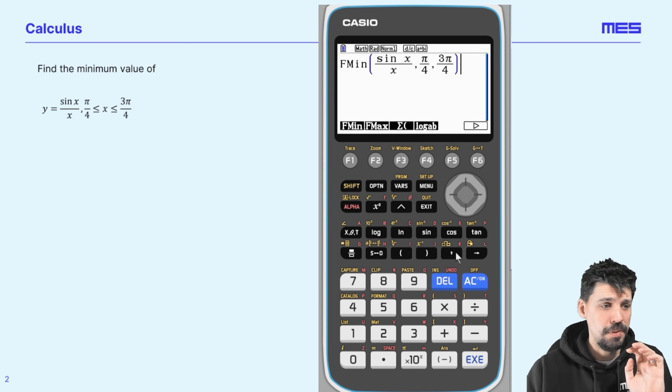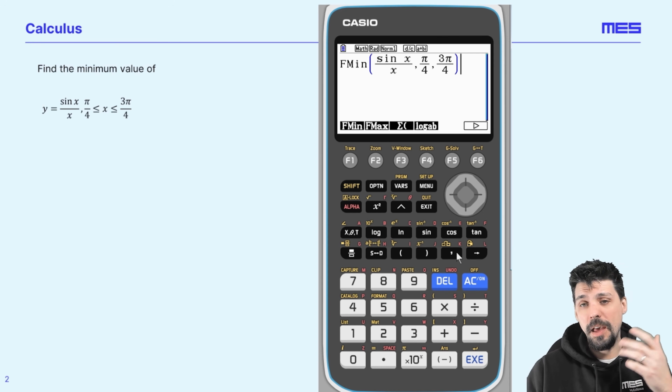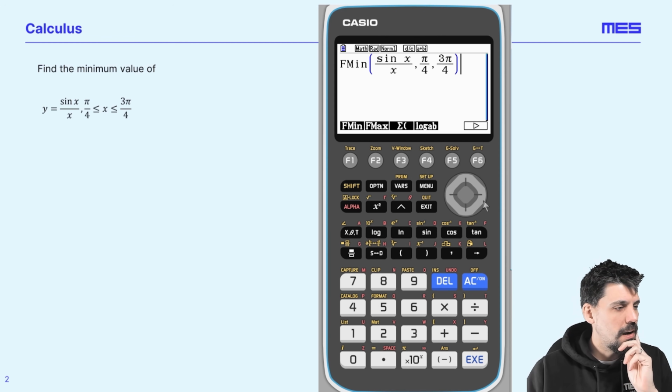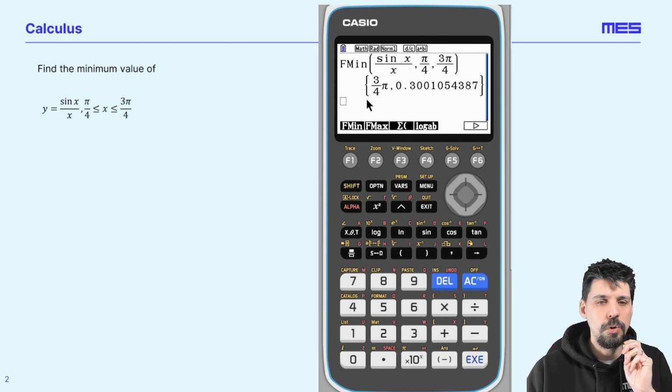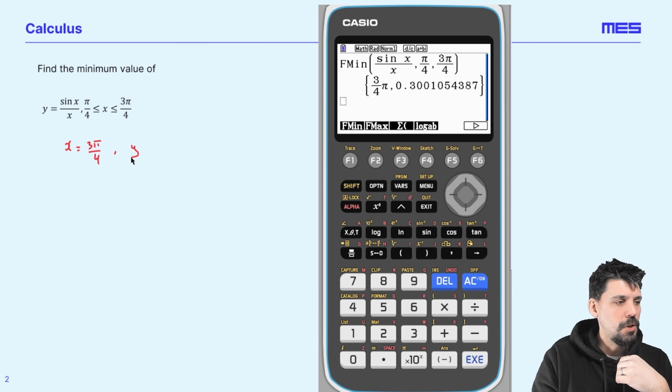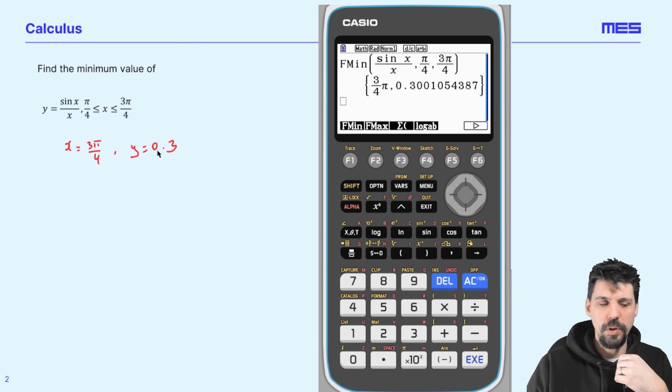I did have to look a couple of things up. You can always Google it, or your search engine of choice. You can always just get yourself that 600-page how-to guide and look it up, but this is quite a neat one. All right, and this should work. So apparently the minimum will occur at x is 3 pi over 4, and it will give you a y value of 0.3.